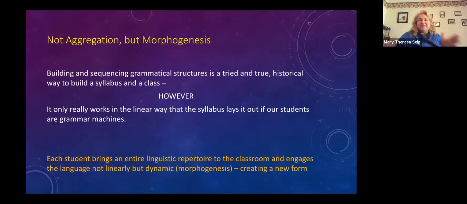This is their interlanguage period, and the interlanguage is a new form, and it is an idiolect. It is my own interlanguage, and my interlanguage is different from your interlanguage. So each student is developing their own form and their own understanding and their own scaffolding. So it's more like a network of understanding than a linear understanding.